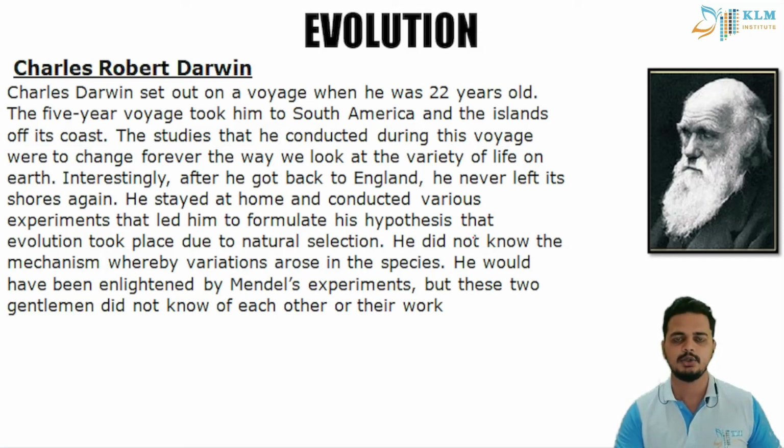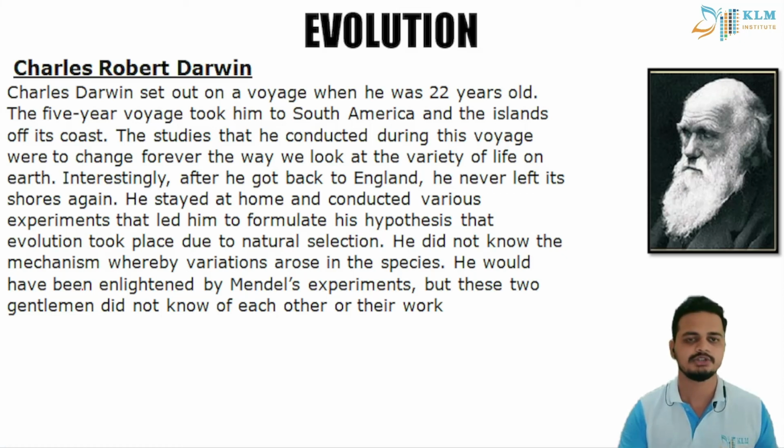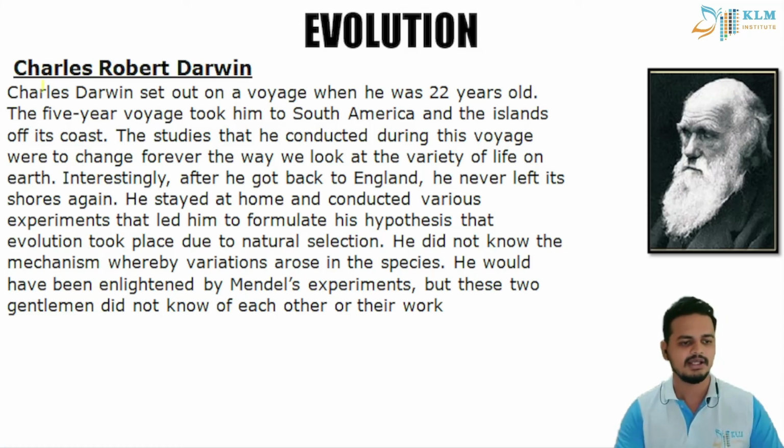And to explain evolution, I have to explain about Charles Robert Darwin. He was a great scientist, and he is known as the father of evolution. So let's see a little bit about his history. Charles Darwin set out on a voyage when he was 22 years old.